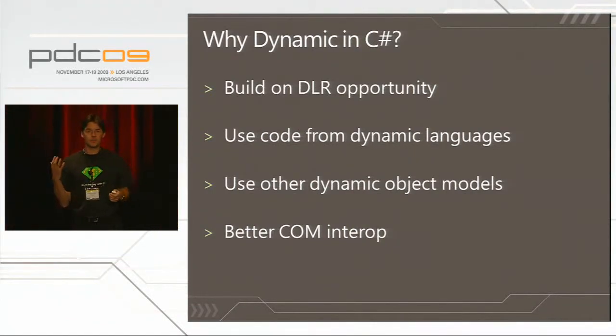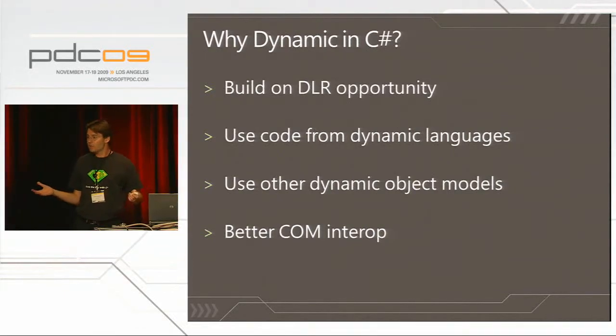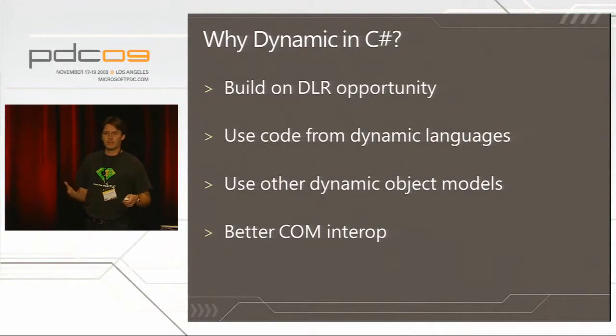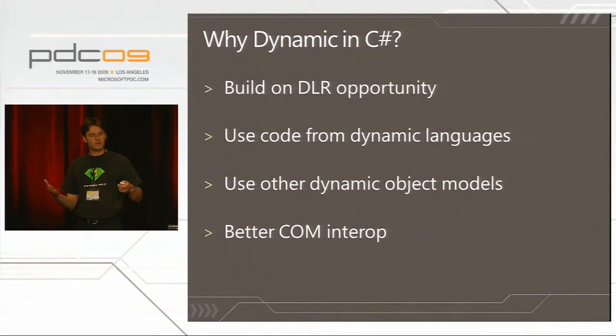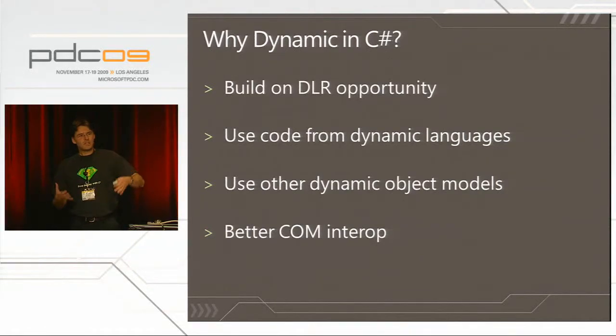That's the reason why we do dynamic. We want to open up to these dynamic worlds. It also improves other things than just interoping with dynamic languages. Sometimes you have object models where logically, they're just objects.